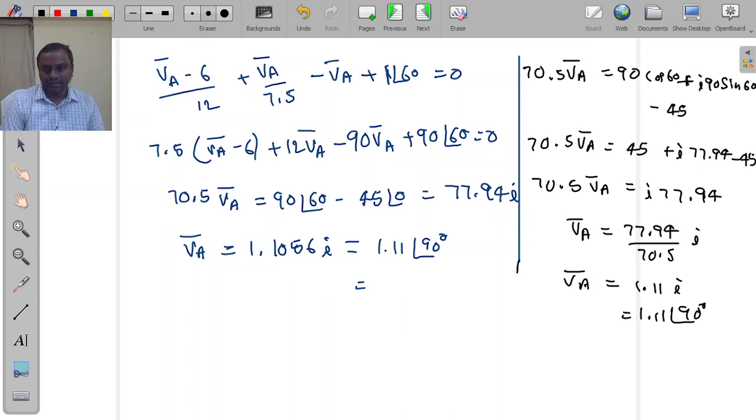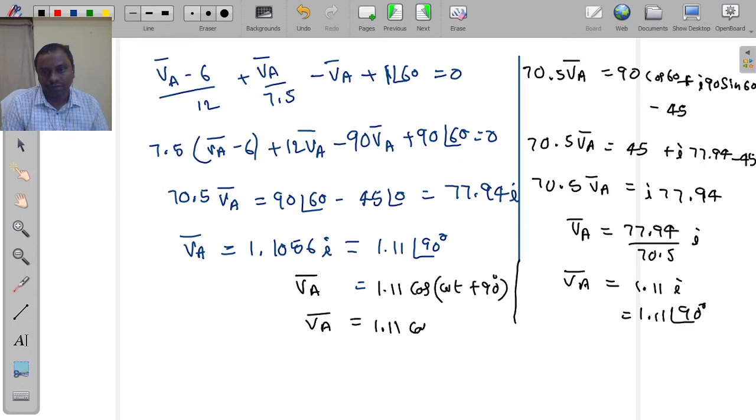So in this case, 1.11 VA cos of omega t plus 90. Omega is given 2, correct? So VA has to give 1.11 cos 2t plus 90 degrees.